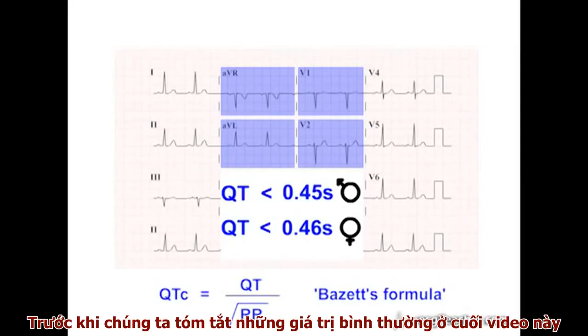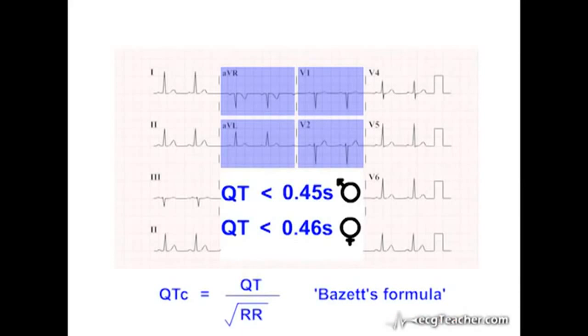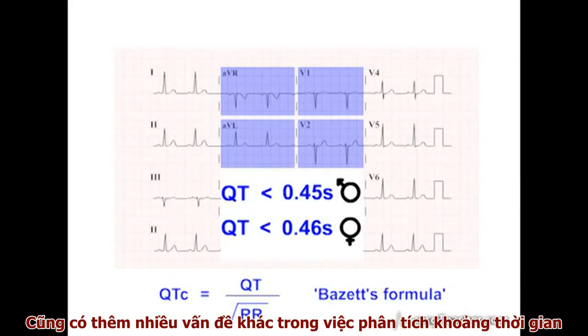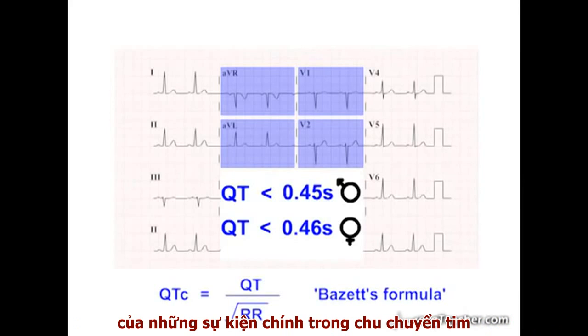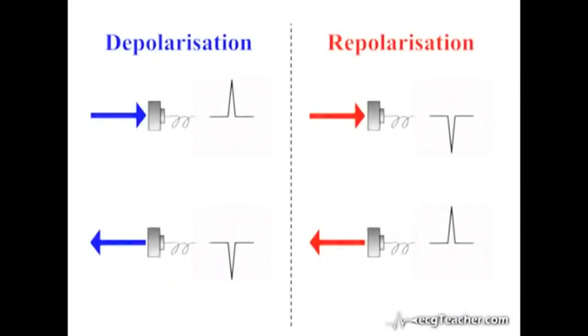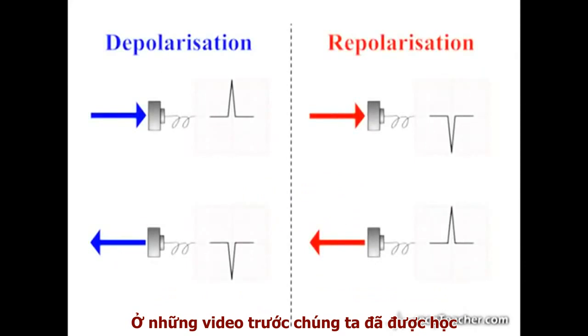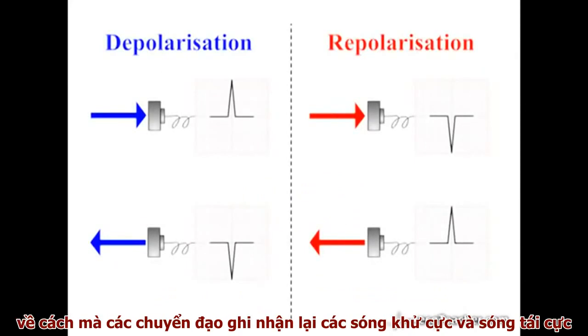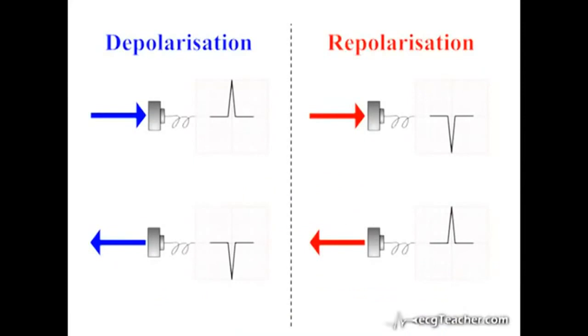Before we summarize the normal values outlined in this video, there are some further issues in the analysis of the duration of the events of the cardiac cycle of which you should be aware. In an earlier video, we studied the manner in which ECG leads record depolarization and repolarization.